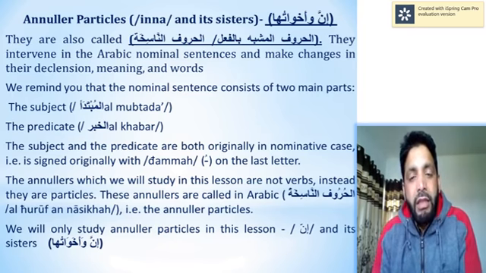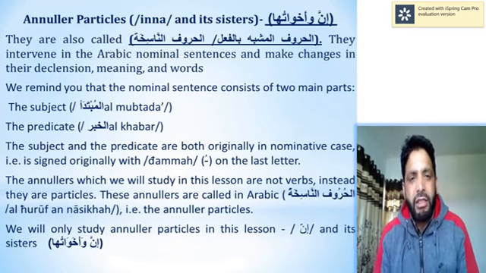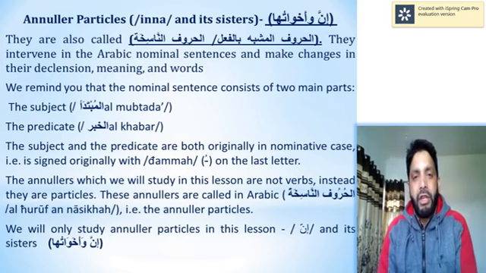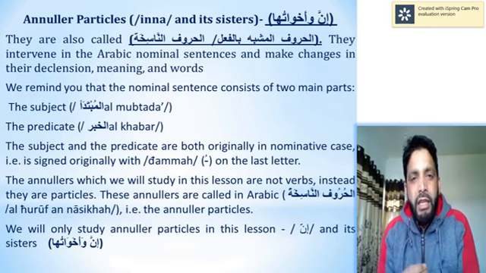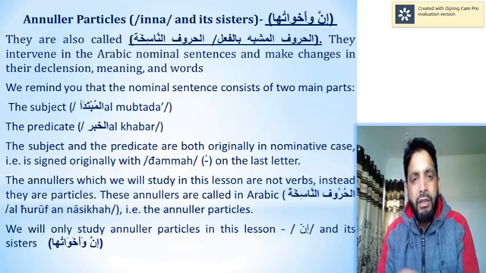We remind you that a nominal sentence consists of two main parts, and the first part is al-mubtada. Al-mubtada in English we call subject. Mubtada is a noun that comes first in a nominal sentence. It is called mubtada because the nominal sentence starts with this noun.